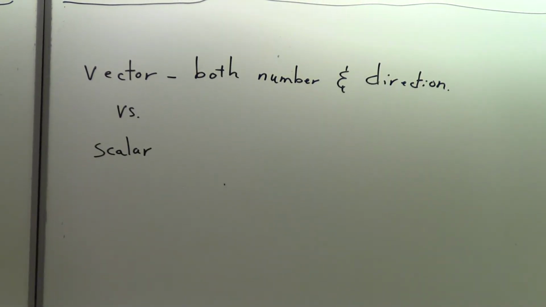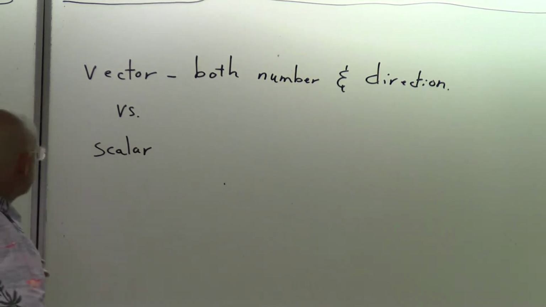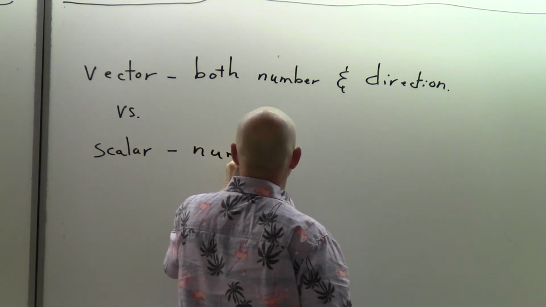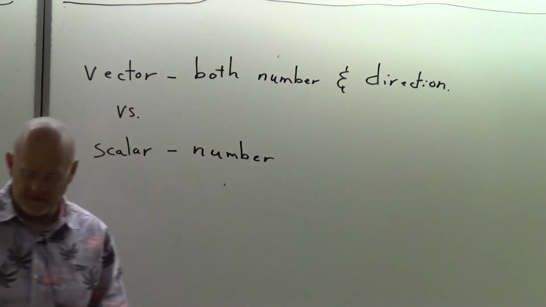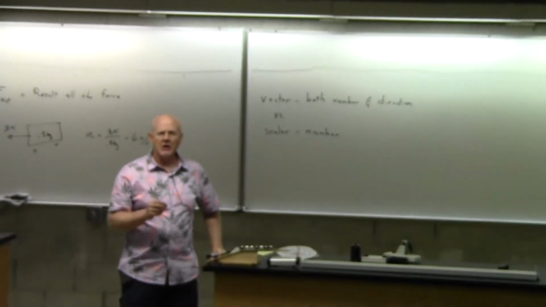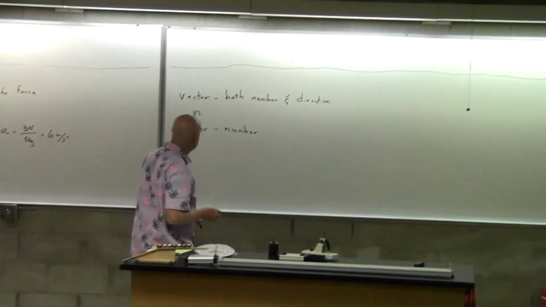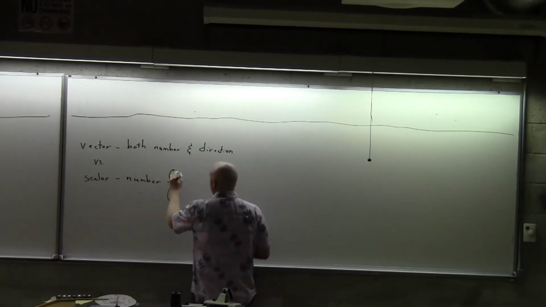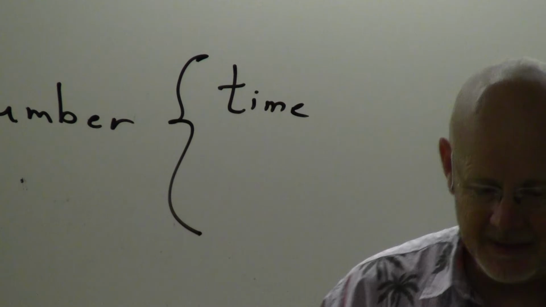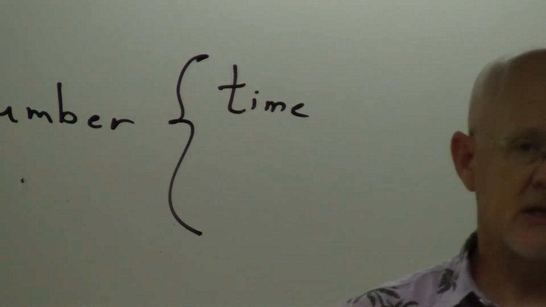You probably never used the word scalar, but that's what we mean by the numbers. Just a scalar. A scalar is just a number. And there are some quantities in the physical world that the direction doesn't make any sense. For example, time. We've already been talking about time is a scalar.